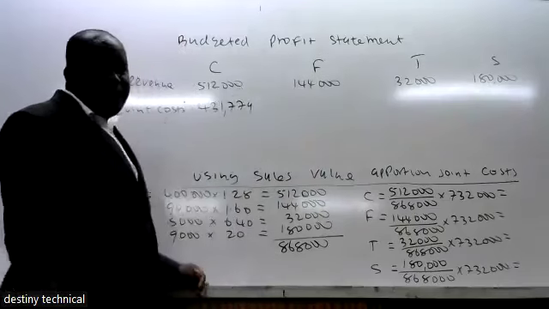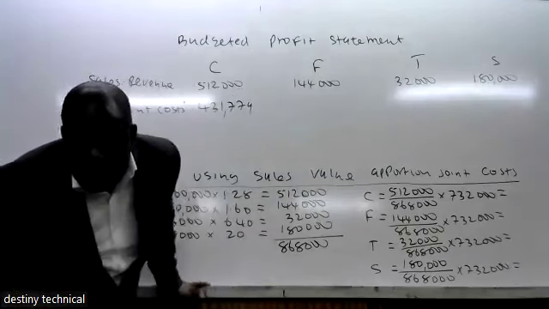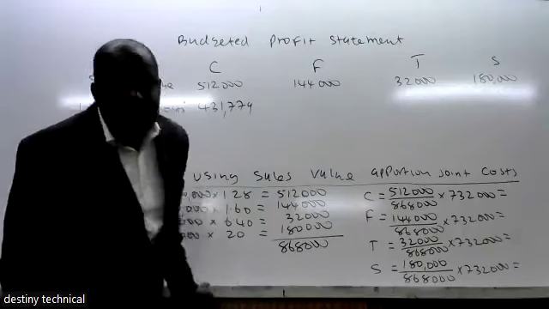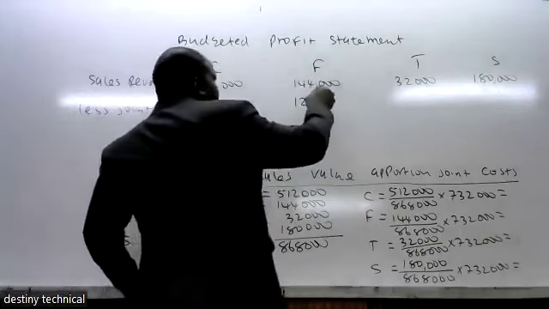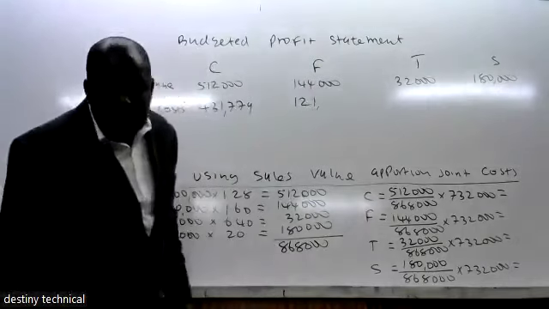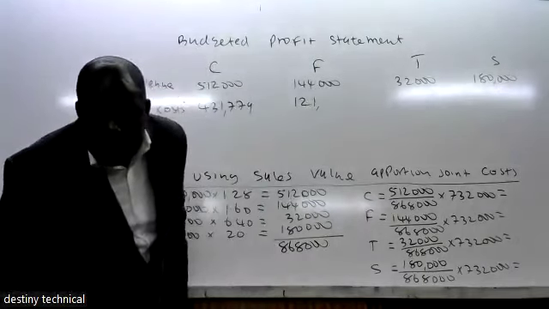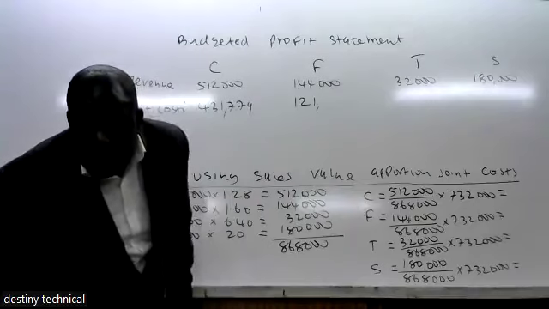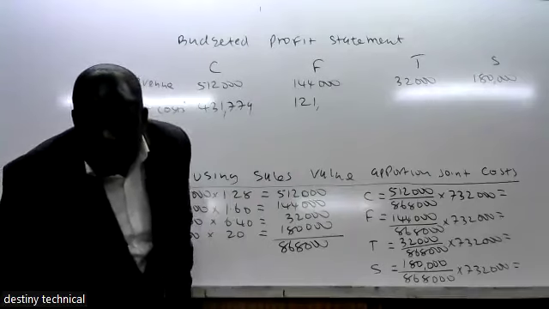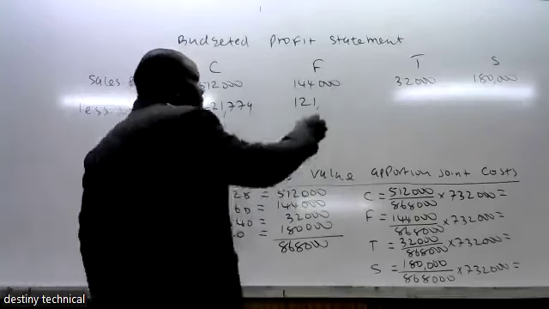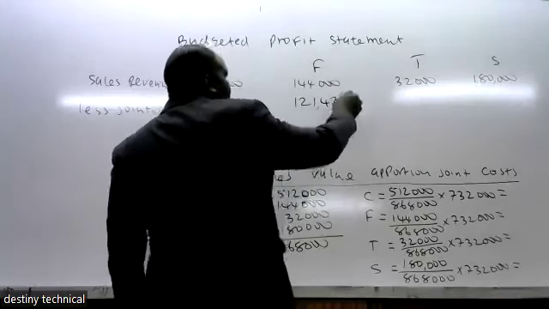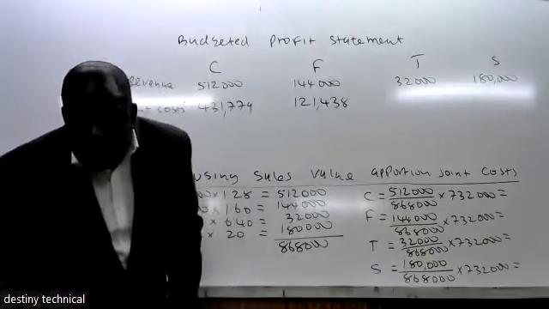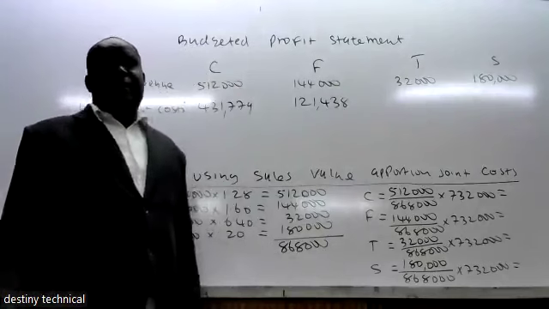How about F? F, you got which figure? I can see 121. It should be 438. Also get the 140. So T should be which figure?